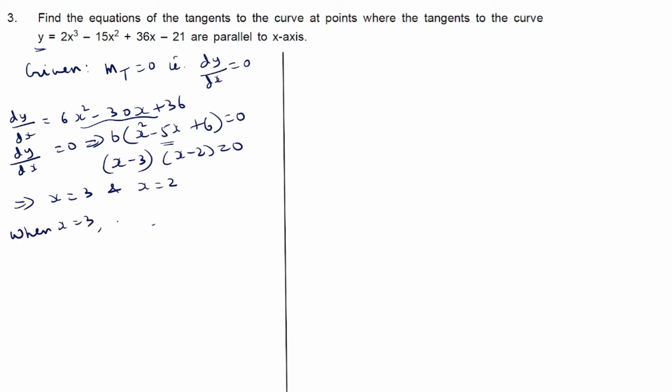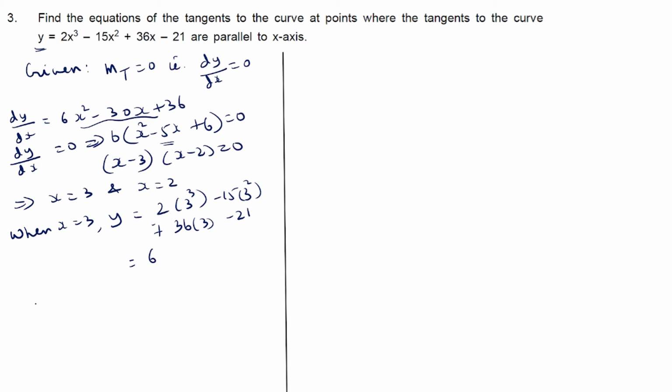When x is equal to 3, y is equal to 2 into 3 cube minus 15 into 3 square plus 36 into 3 minus 21. When we simplify this, we get 6. So one point is (3, 6).